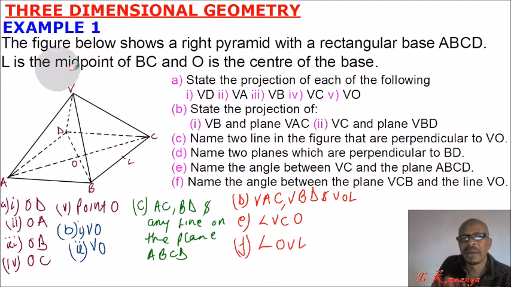So I hope with using this example, you have understood the angle between a line and a plane. It is the angle between that line and its projection. Let's have a look at the second example.